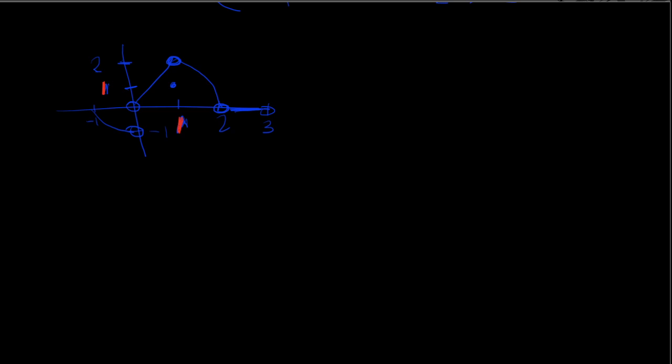Now let's answer some questions. Does f of negative 1 exist? Well, we go where x equals negative 1, and it's this point right here. Notice I don't have it as a circle. There's no hole there. So clearly it's defined, because f of negative 1 is equal to 0.